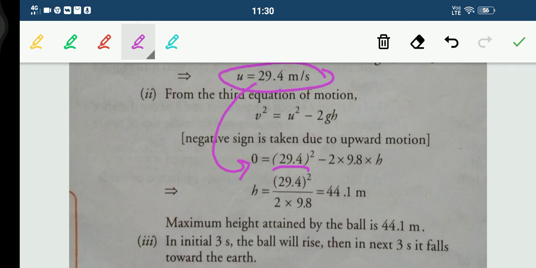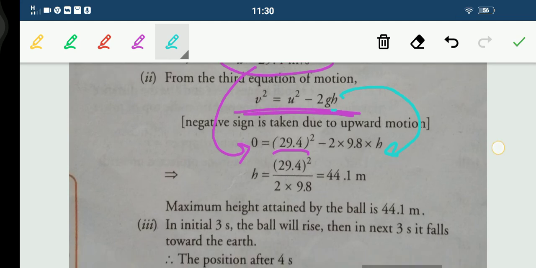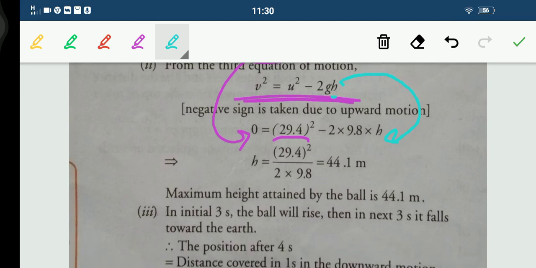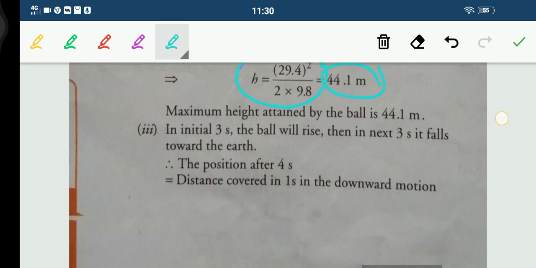Put this u value in the third equation of motion, minus 2 into g, which is 9.8, and h is h, because we don't know what h is. We need to find the h. Simply put all the values here and your answer would be 44.1 meters.